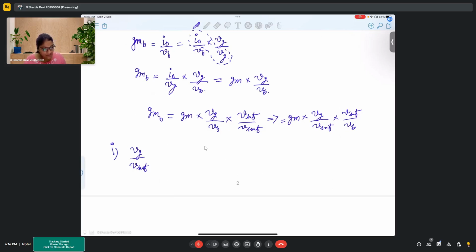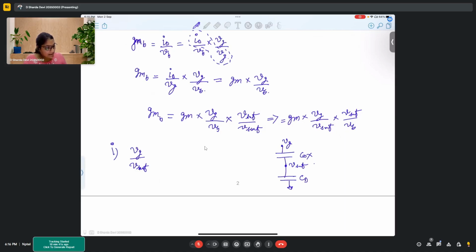When we find VG upon V surface, we'll draw VG, Cox, Cd, and let's say the body voltage is grounded. So this is grounded, this is V surface.